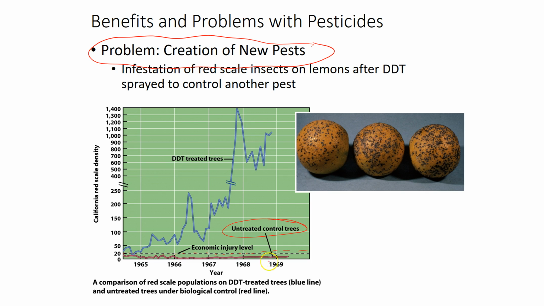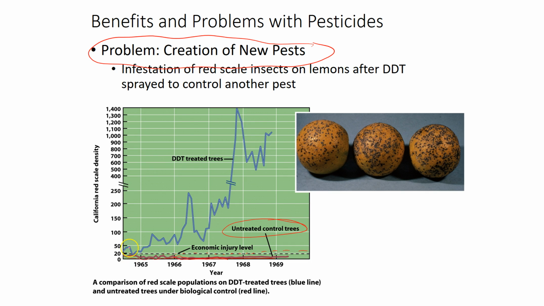If we look at the control trees, right, we see the pest populations of these red scale insects stay relatively low. All right. And this is not treated with any sort of pesticide. They're just left. So there is some injury to the plants, right, with them. But look at what happens.